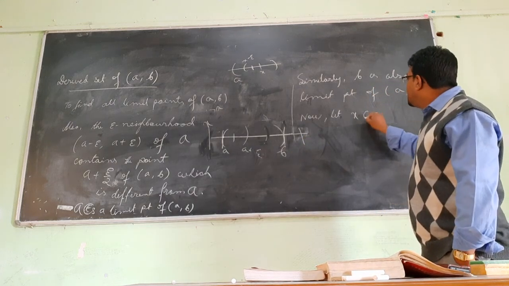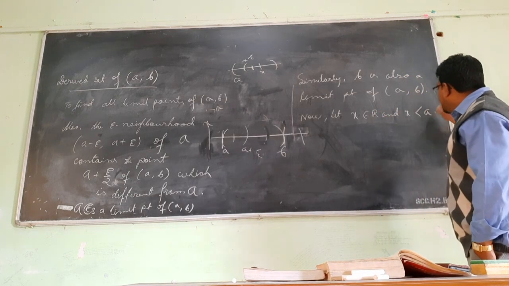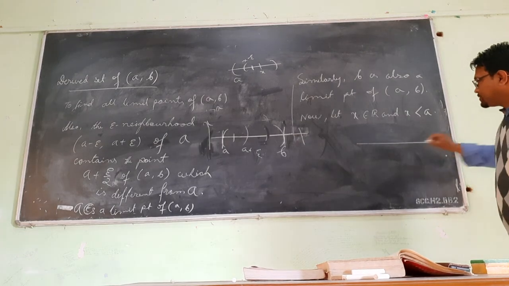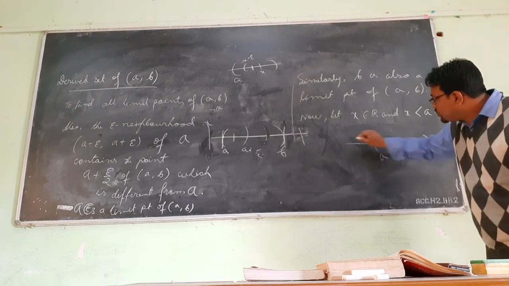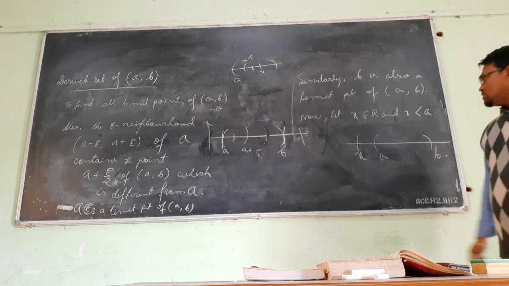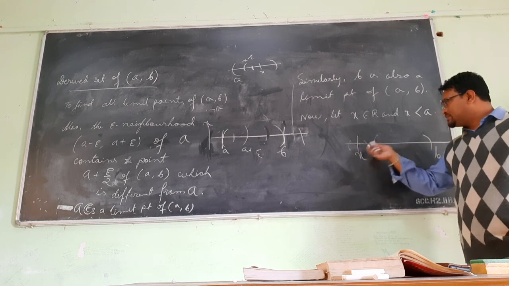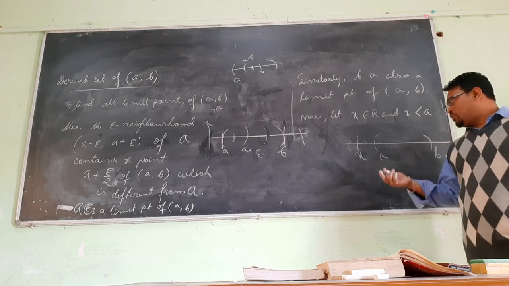Let x belong to the real numbers and x is strictly less than a. I have to check whether it is a limit point. So this is a, this is b, and x is somewhere here. It will be a limit point if every epsilon neighborhood contains at least one point of this.